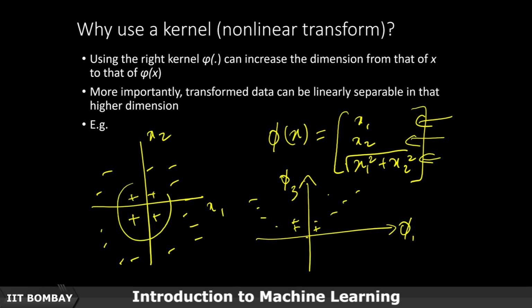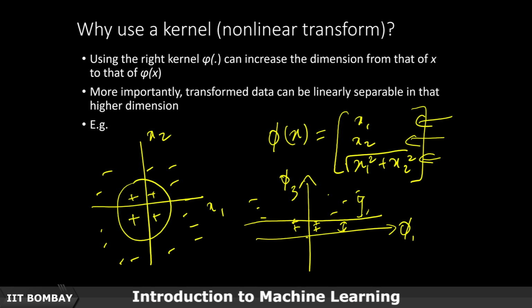And if there is a circle that can separate the positive and the negative classes in the phi 1 phi 2 phi 3 space, it will be a line. So below that all the points are closer to the origin in the x1 x2 space, above that all the points are further away from the origin in the x1 x2 space. So I have a linear boundary in phi 1, phi 2 and phi 3 space. So that will be a linear hyperplane. I am not drawing the phi 2 dimension, but that will be able to separate the data.